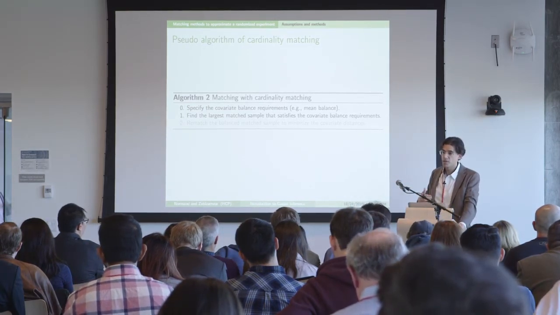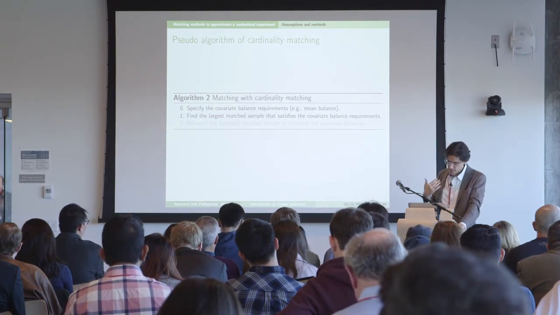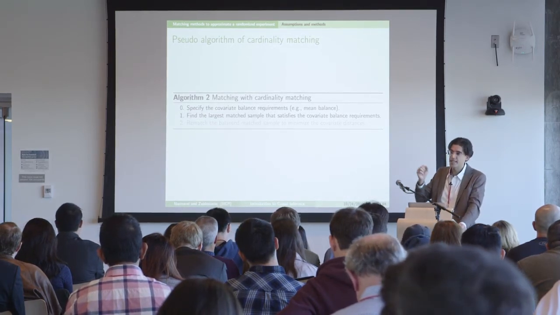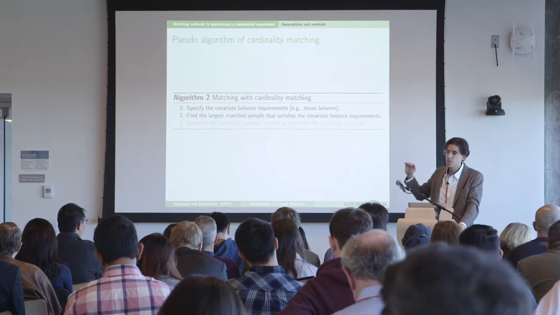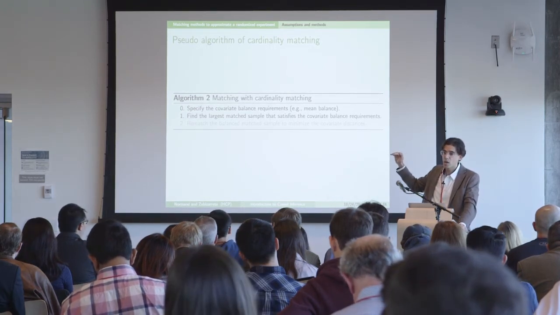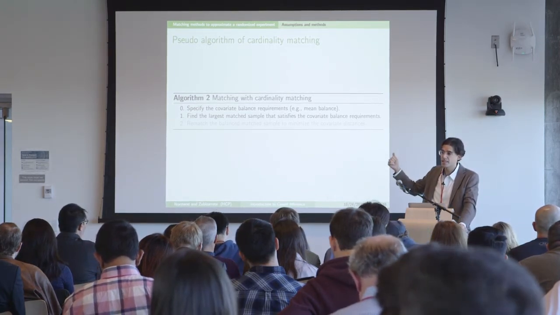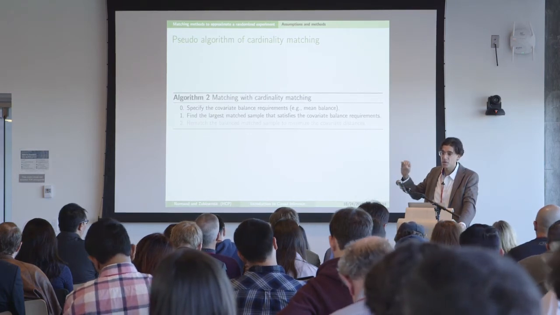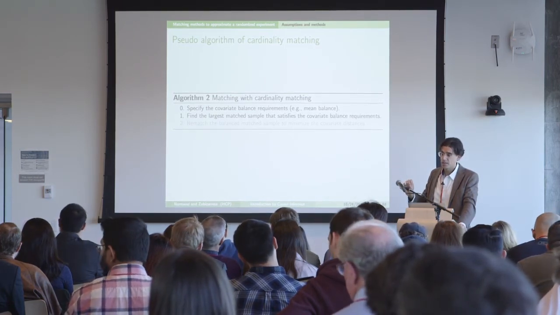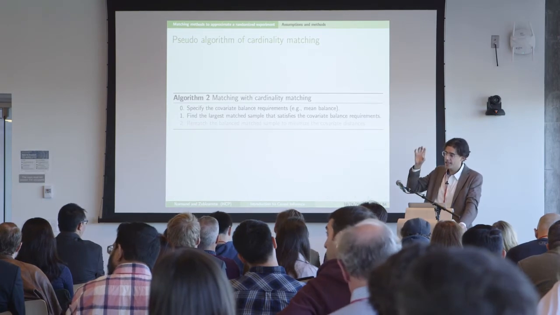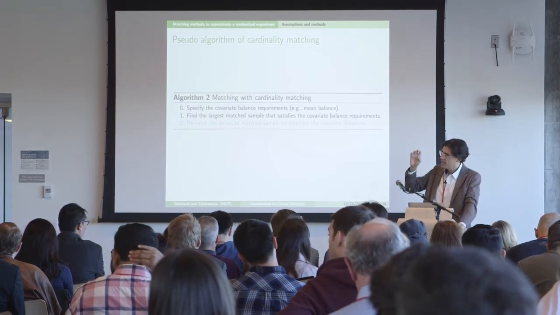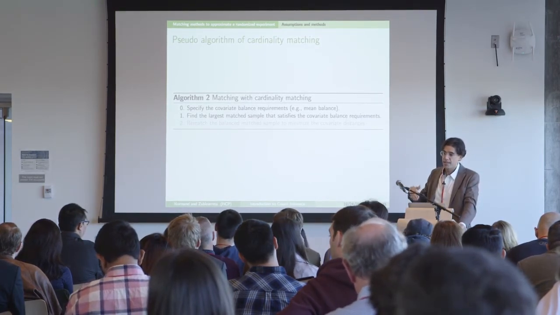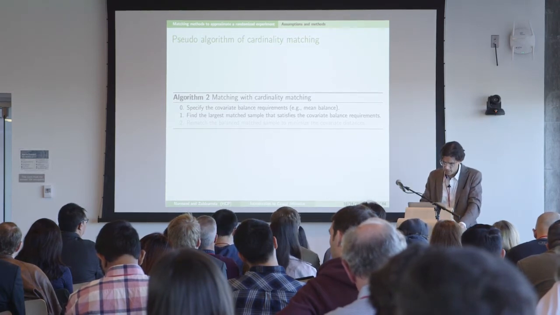Okay? Because I'm going to impose those constraints again in that problem. So this procedure dominates optimal matching in terms of distances and covariate balance for simple matching structures. You're going to get the same covariate distances, but with better covariate balance. All right?